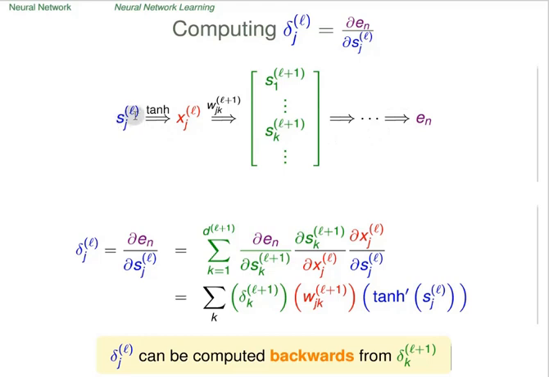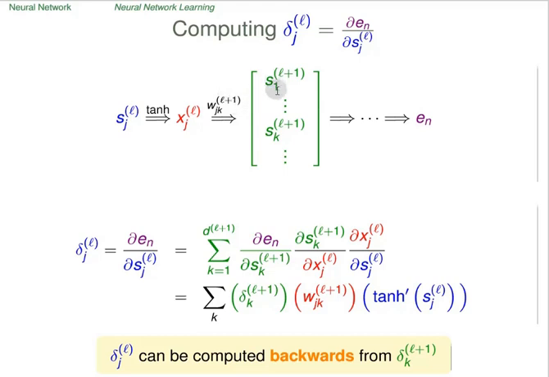So the signal at layer L is nonlinearly transformed by a hyperbolic tangent. Then it defines the x, the input of layer L, which is further multiplied by the weight of the next layer, L plus 1.